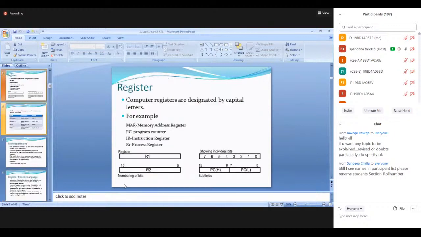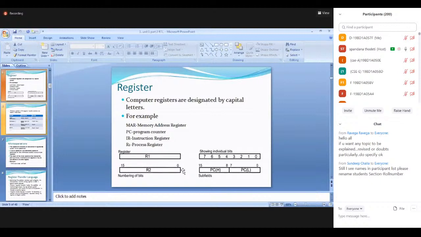Now, when you want to represent a register, how do you represent it diagrammatically? You can represent it with a rectangular box, and if you want to specify the name, you can write the name inside the register.